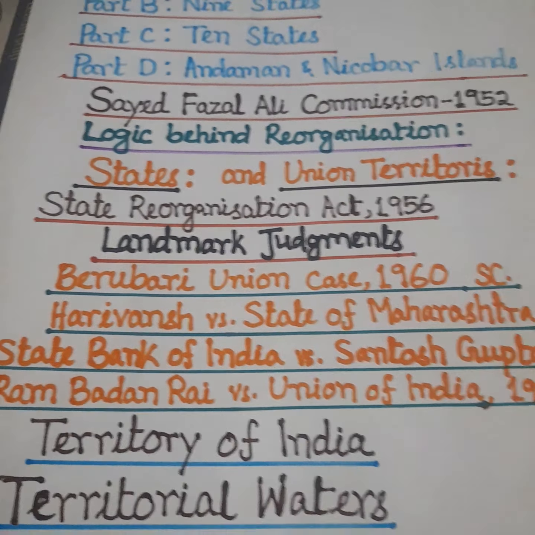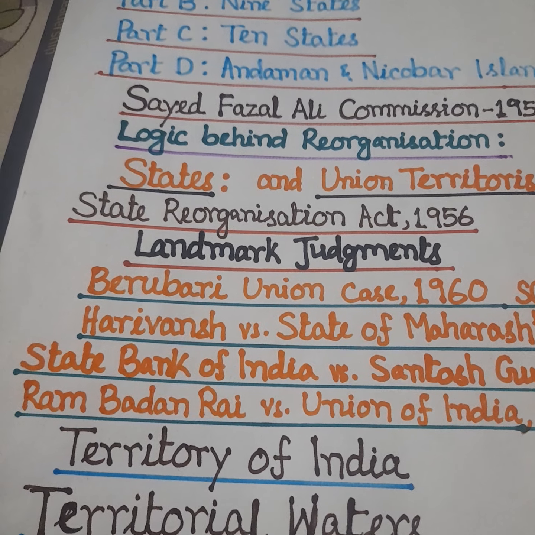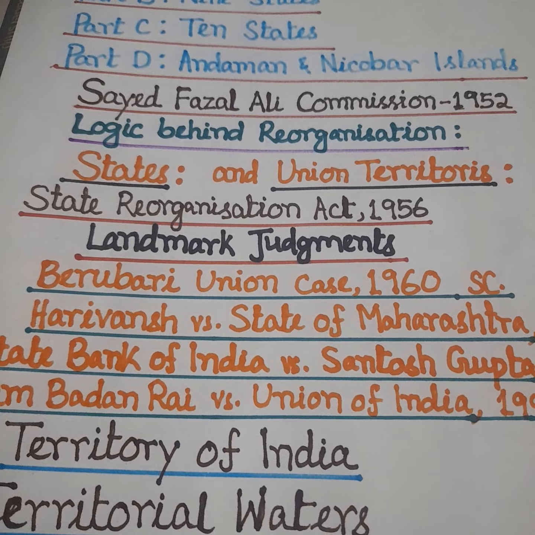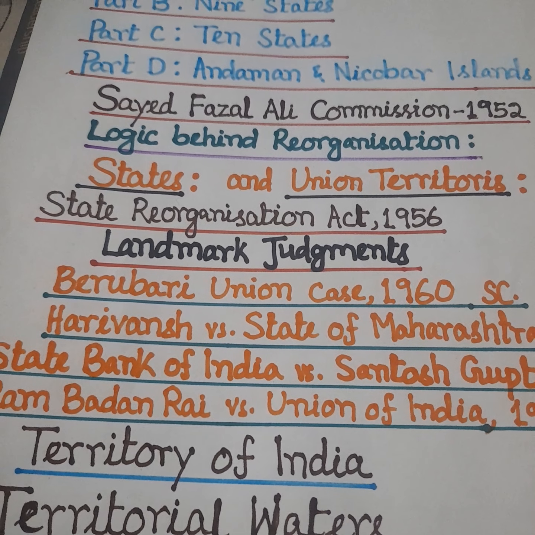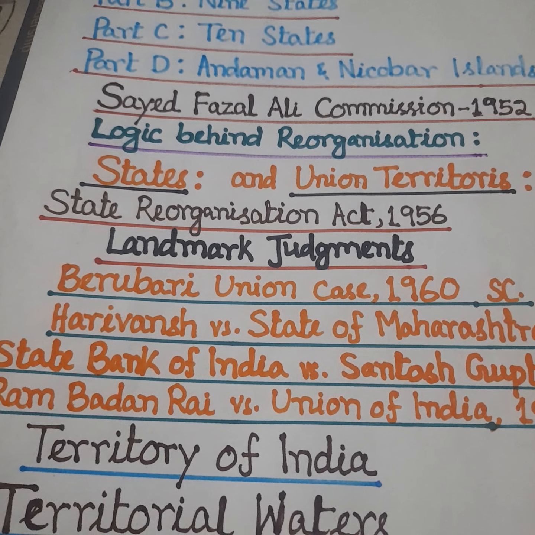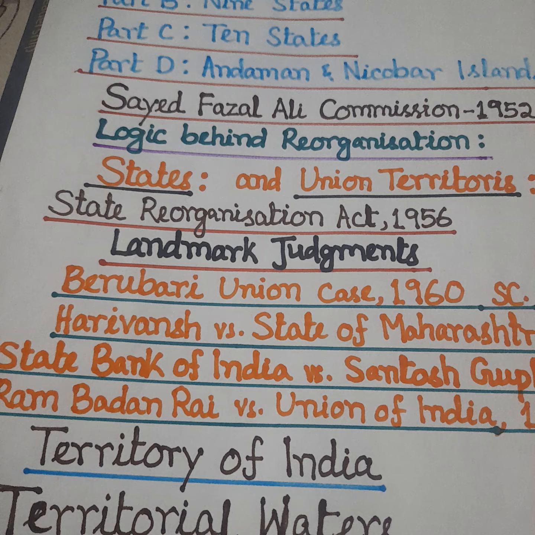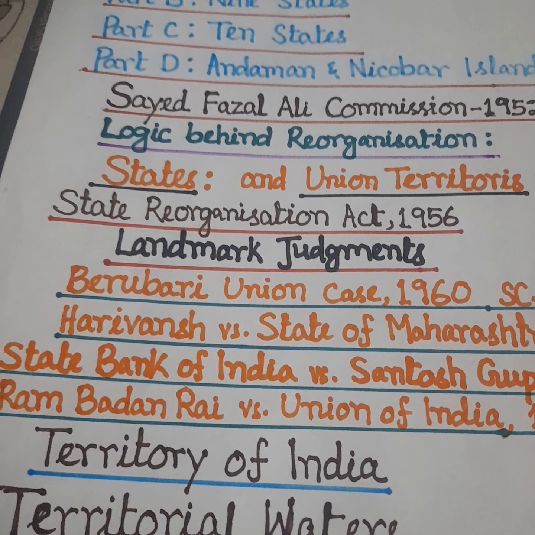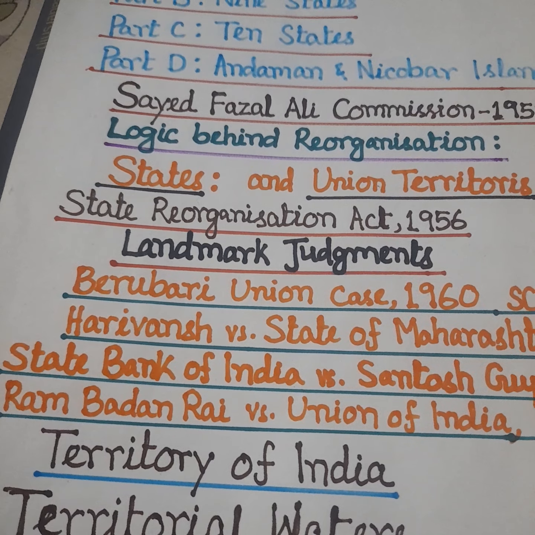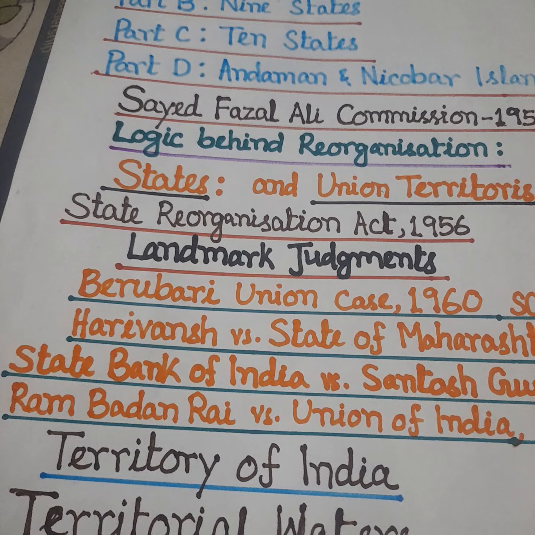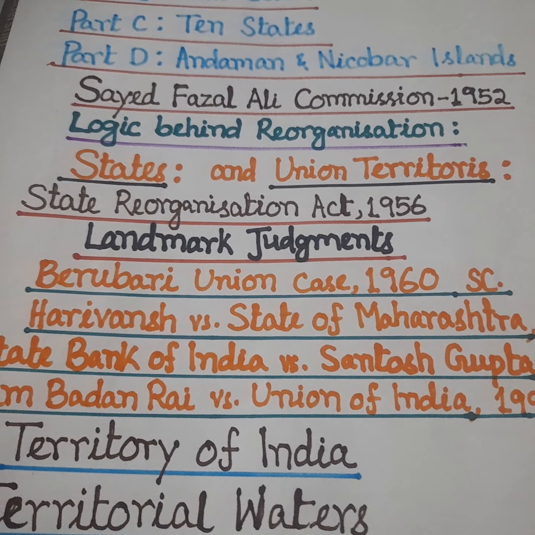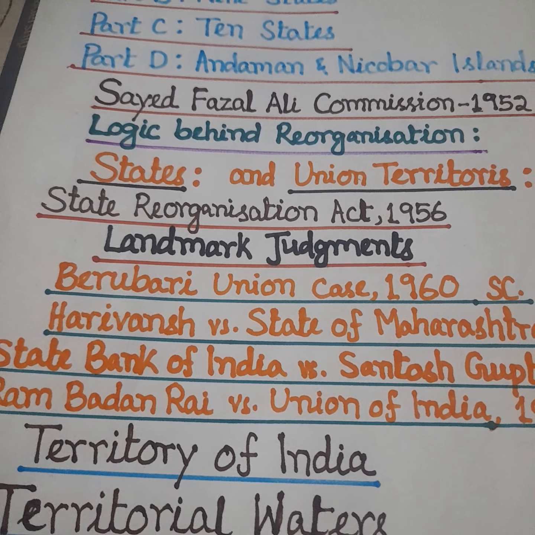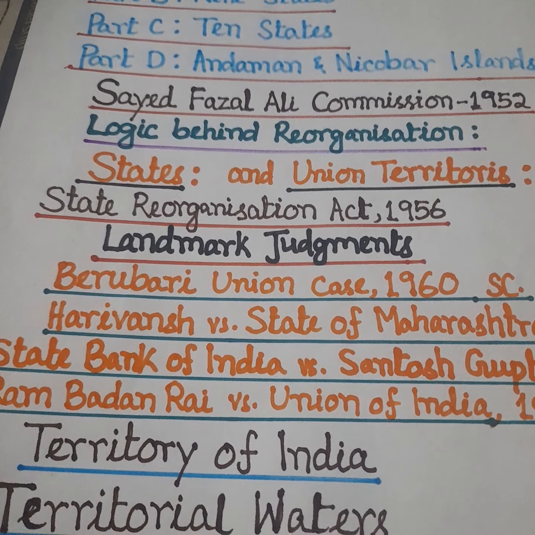The term territory of India has been used in several articles of the Constitution, and in every article where this phraseology is employed, it means the territory of India for the time being as falls within Article 1, Clause 3. The very phrase cannot mean different territories in different articles.